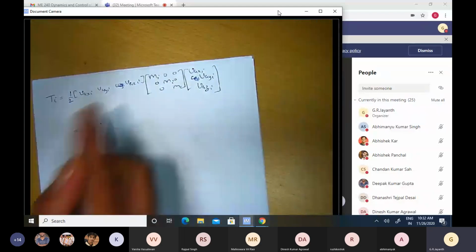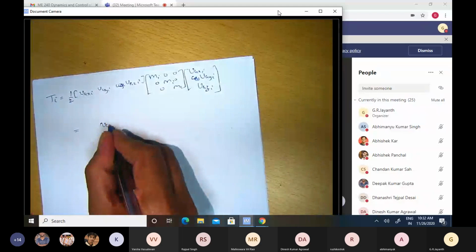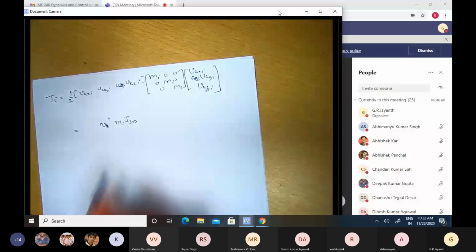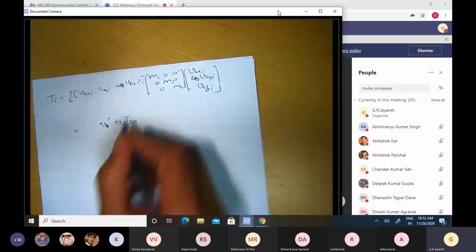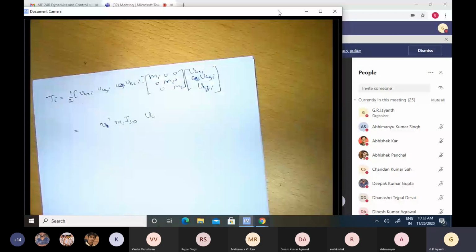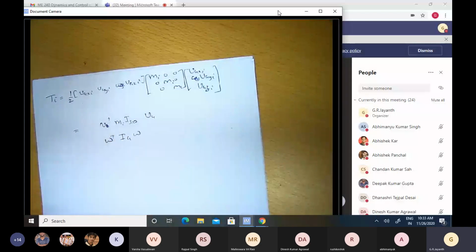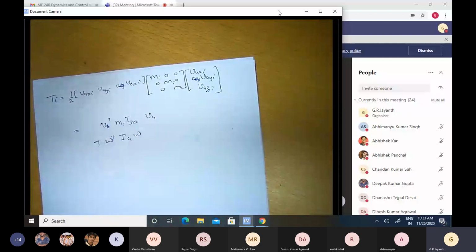So I can write it as half V_g transpose m_i times I_3x3 times V_g, and this is similar in structure to half omega transpose the inertia matrix I_g times omega. So the total kinetic energy will be the sum of these two things. That is the rearrangement I can undertake.